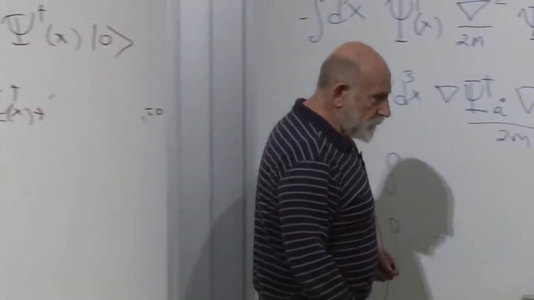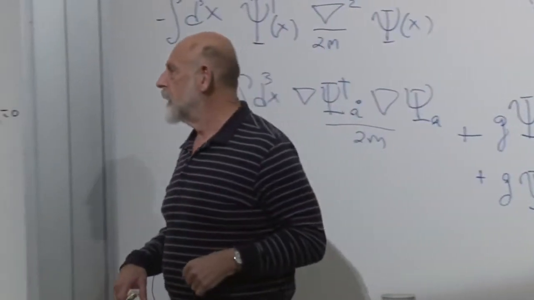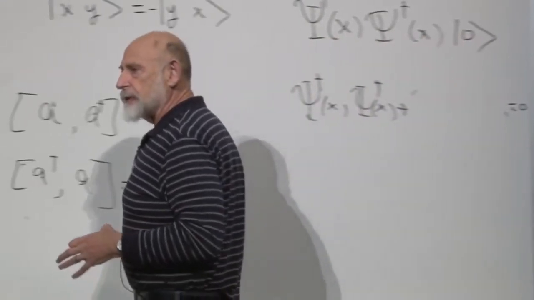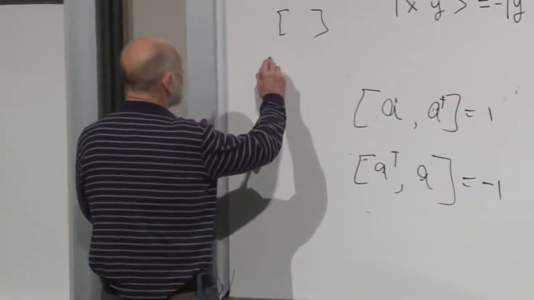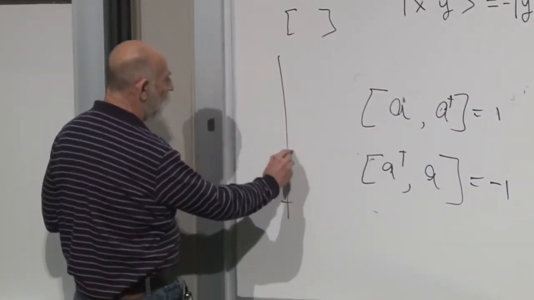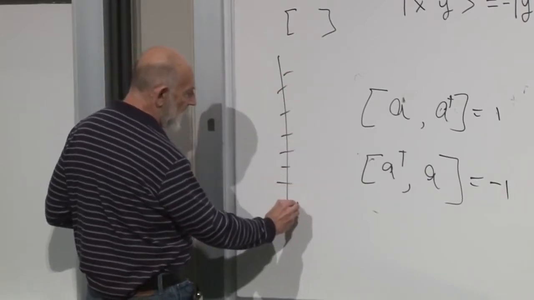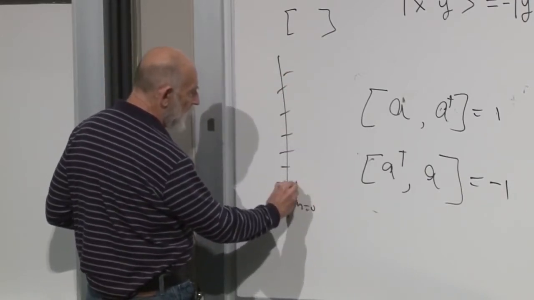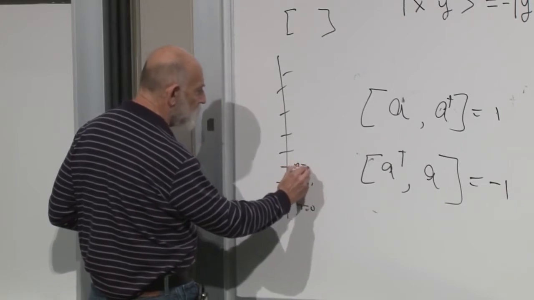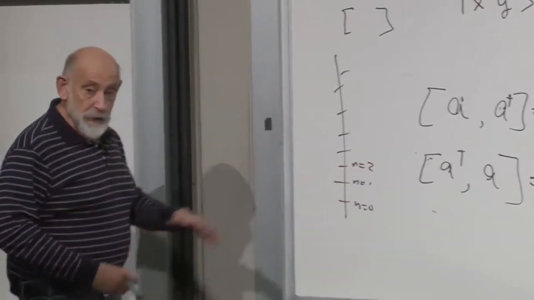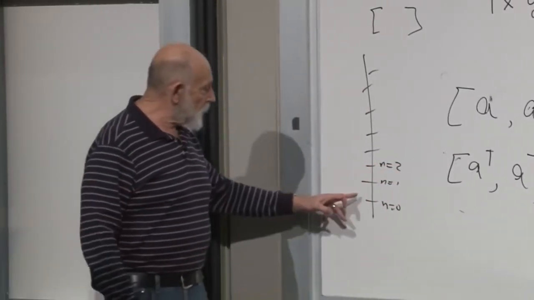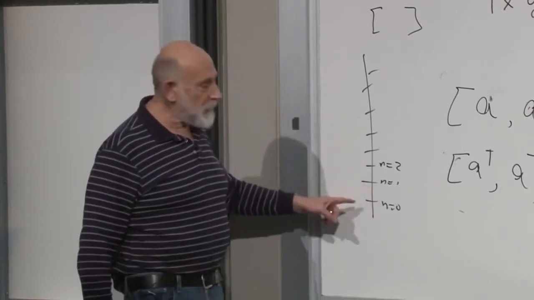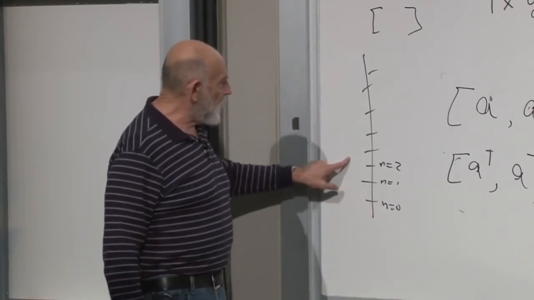And in fact, creation operators and annihilation operators are fundamentally different. Here's the stack of all possible states: n equals 0, n equals 1, n equals 2. Just mathematically, creation operators do not annihilate any state. They just take you up the ladder.